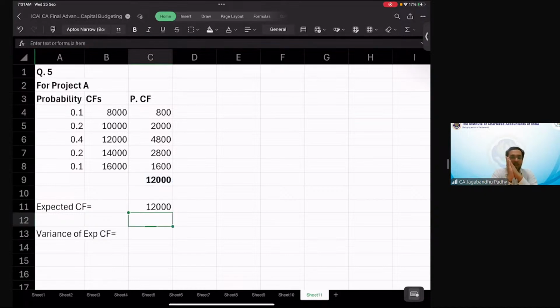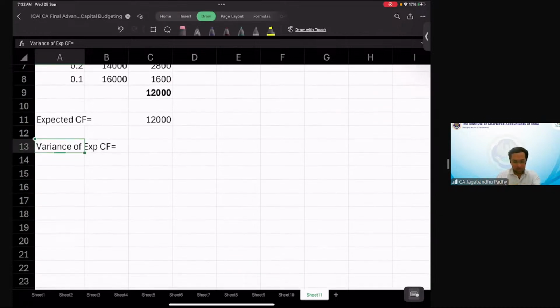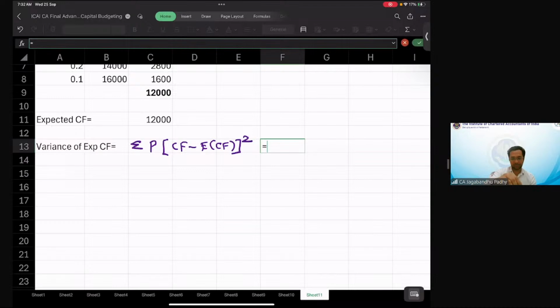Now we are looking at calculating the variance and the standard deviation. What was the formula for variance? You can recall, it was summation of probability into cash flows minus expected cash flows, square. We have already learned the logic for this in the previous class, guys.